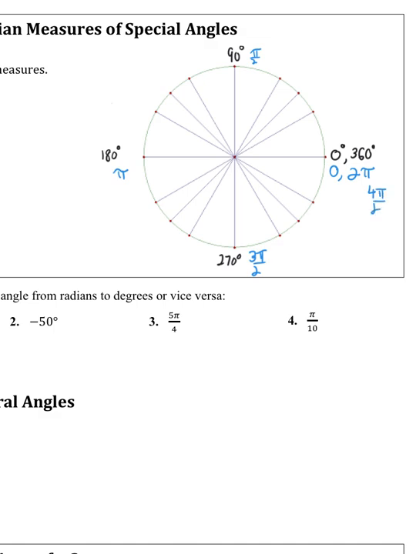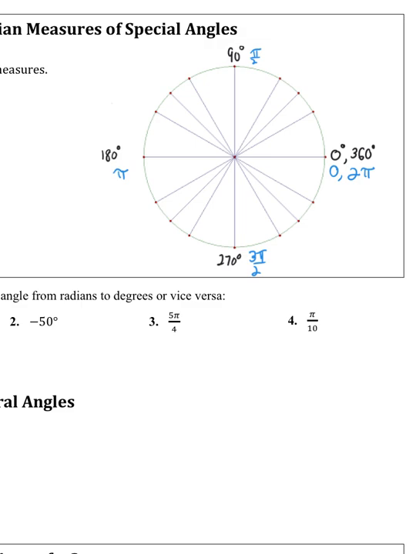We do 1 pi over 2, 2 pi over 2, 3 pi over 2, 4 pi over 2. It's just that 2 pi over 2 is simplified to 1 pi, and 4 pi over 2 is simplified to 2 pi, but we're counting by 1/4. 1/2 pi, 2/2 pi, 3/2 pi, 4/2 pi. That's how you'd count by radians.